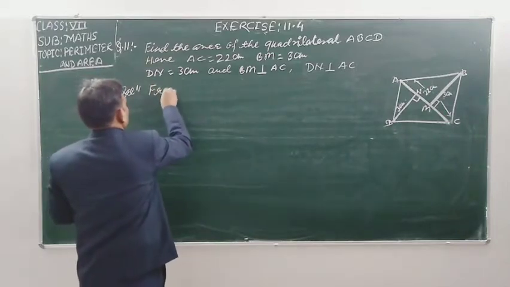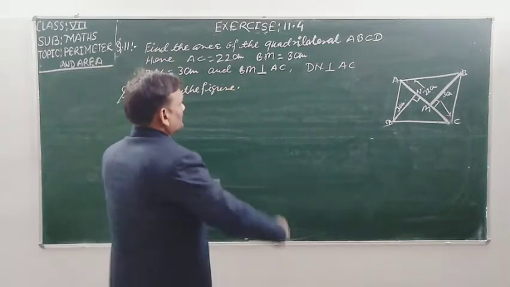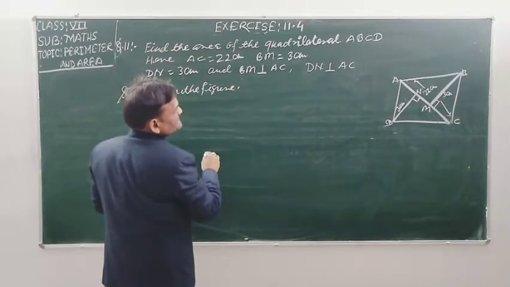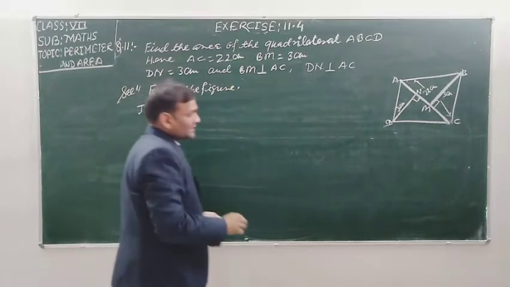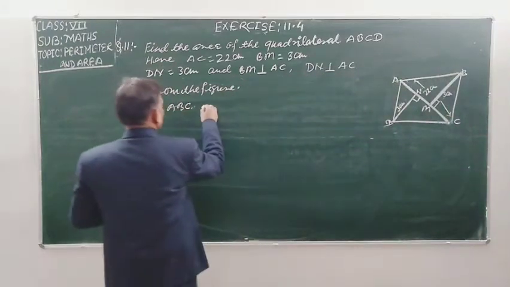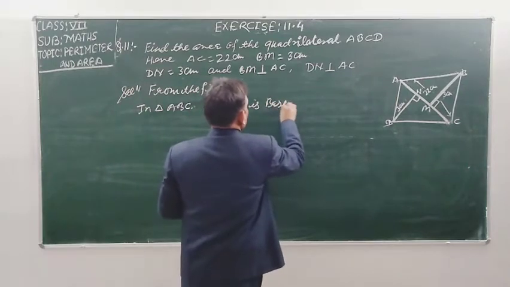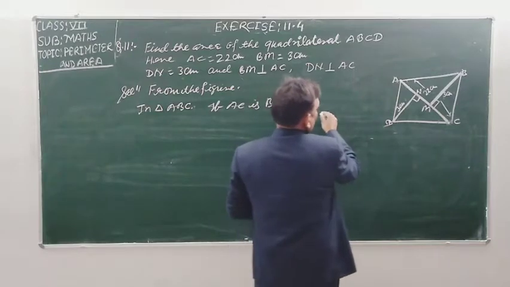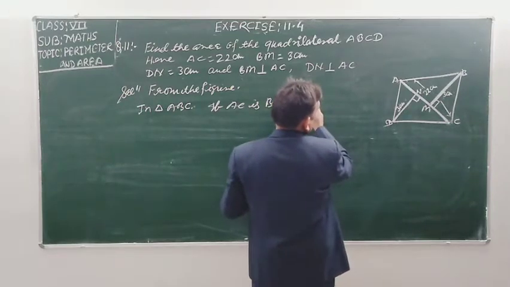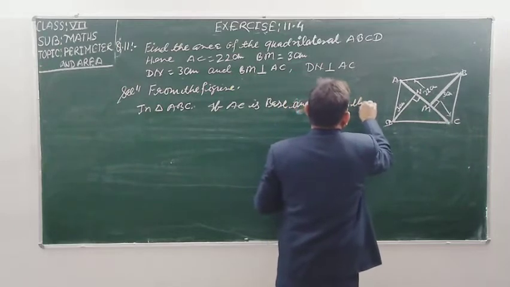From the figure, in triangle ABC, if AC is the base, then BM is the height.